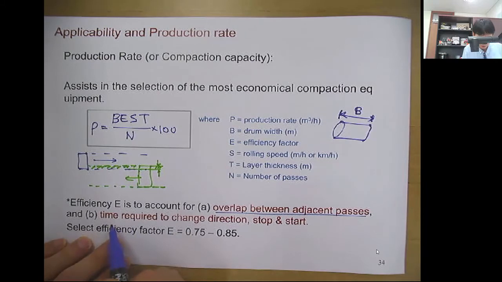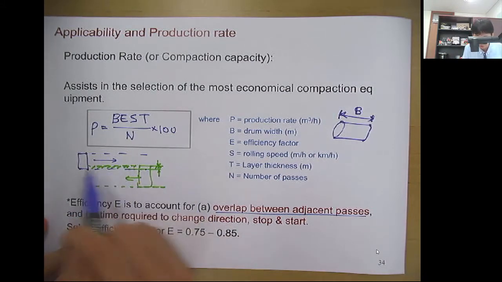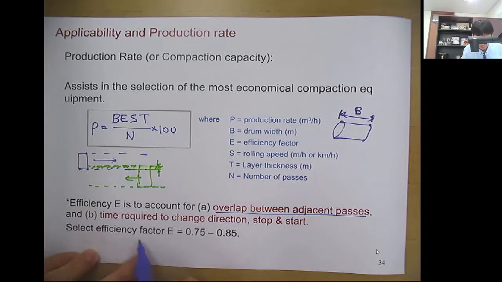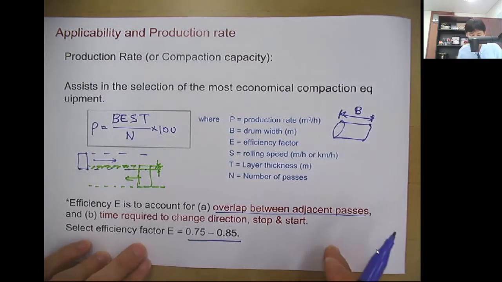And also it accounts for the time required to change direction as you go back and forth. Typically people use an efficiency factor of 75 to 85%, 0.75 to 0.85.